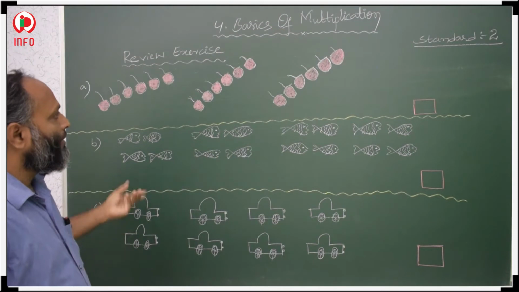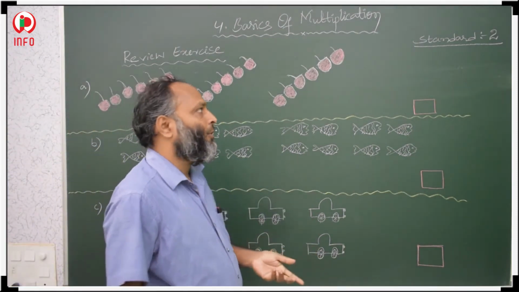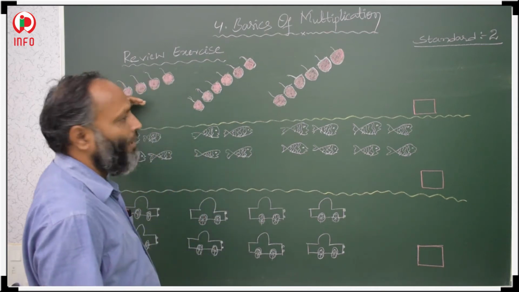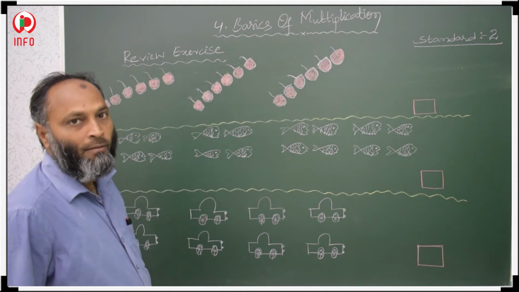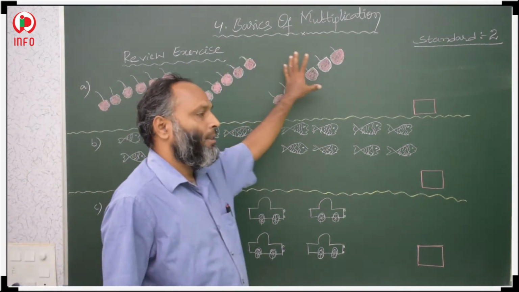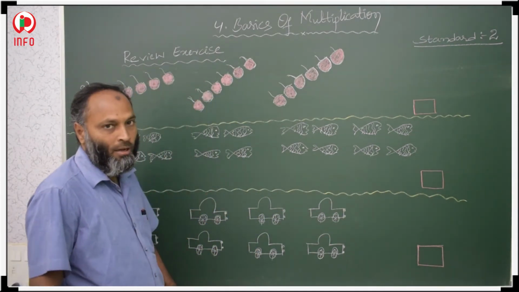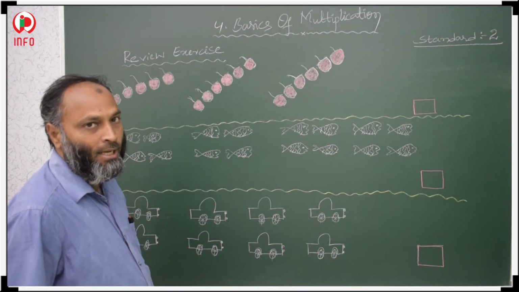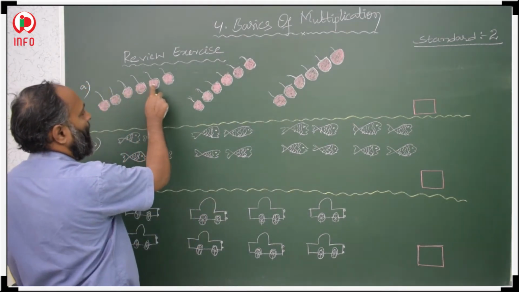First, repeated addition. So what actually does repeated addition mean? Here some cherries are given. Equal numbers of cherries are given in the first group, second group, and third group. First you count how many cherries are in each group: 1, 2, 3, 4, 5, 6.